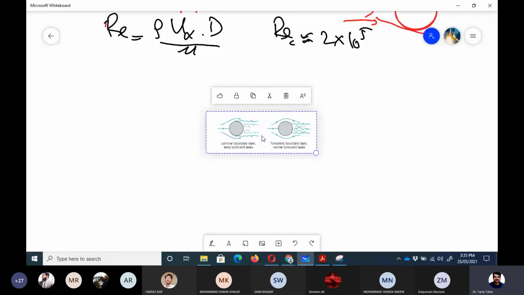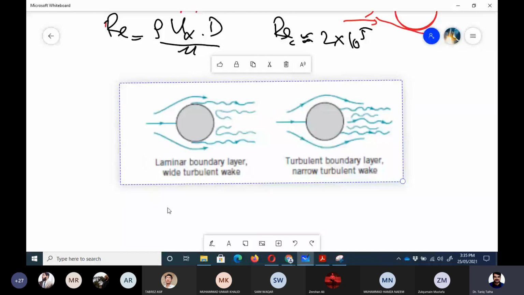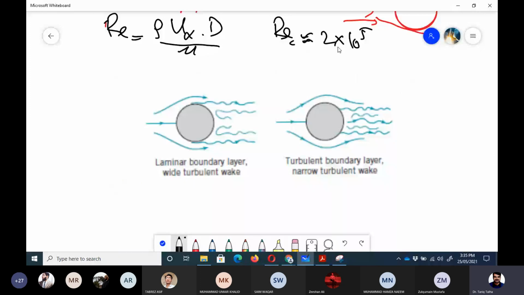In this case, as I mentioned before, for the turbulent boundary layer the critical value is 2 lakh. So if we say that here Reynolds number is 5 into 10 to the power 4, which is 50,000, it would be laminar.